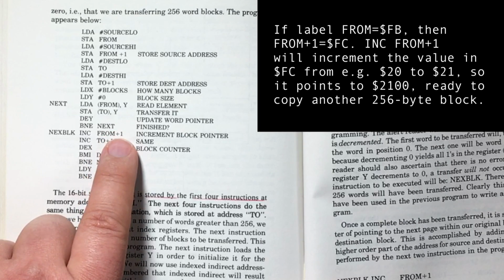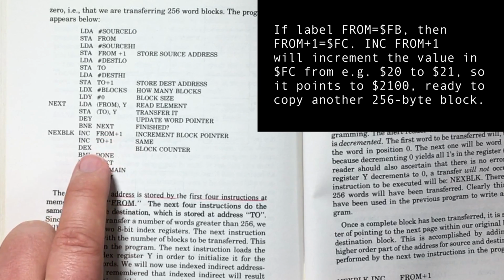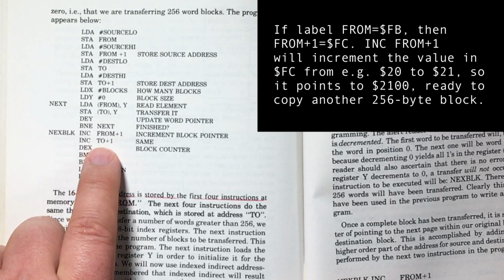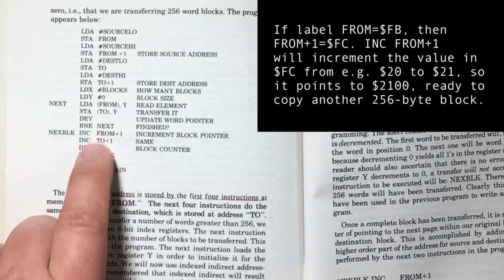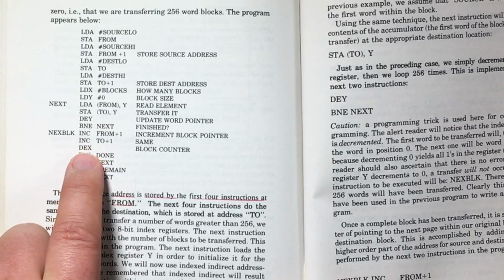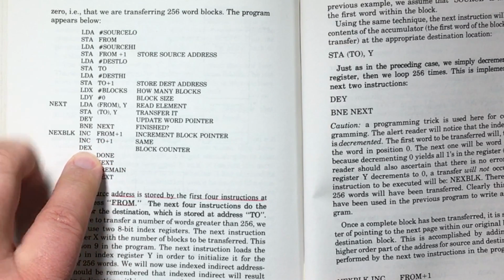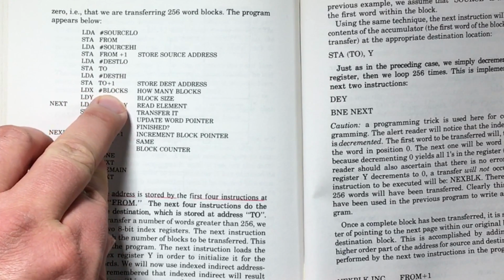This will change the 20 in 2000 to 2100, and this one from 30 to 3100. So that's correct.